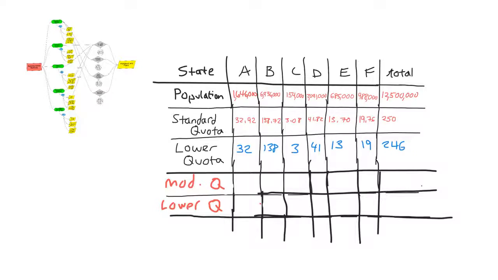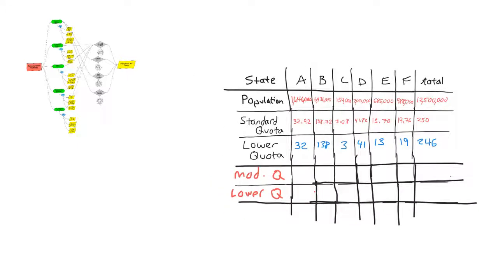As a quick reminder, the standard divisor that we were using before with Hamilton's method, which we'll call the SD, was 50,000. So this standard quota is based on an SD of 50,000.